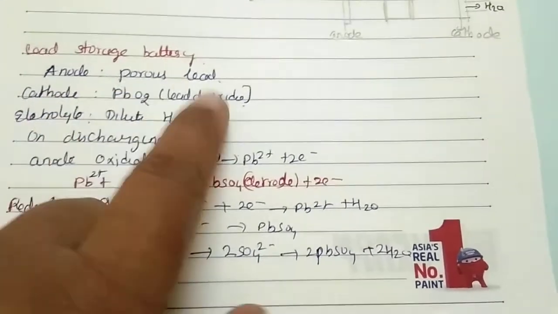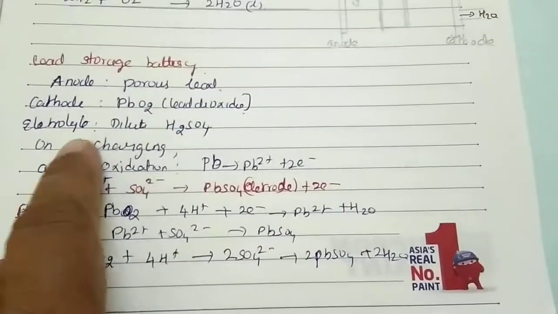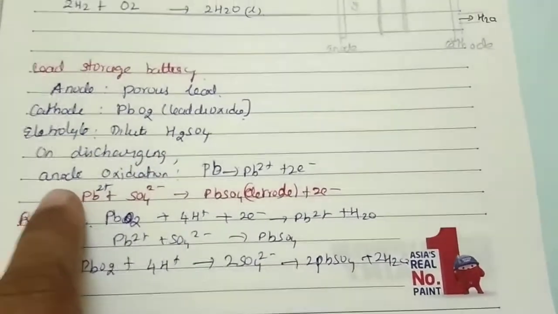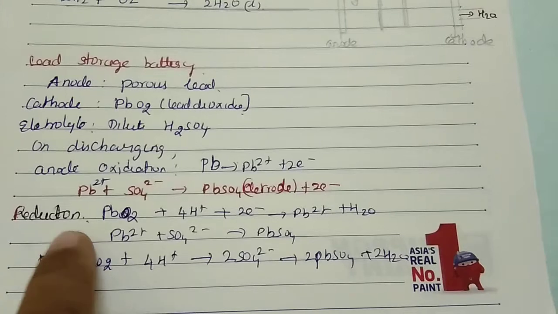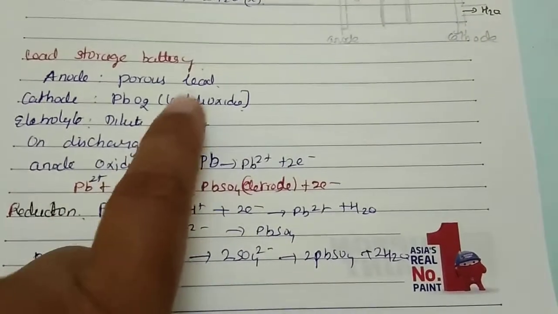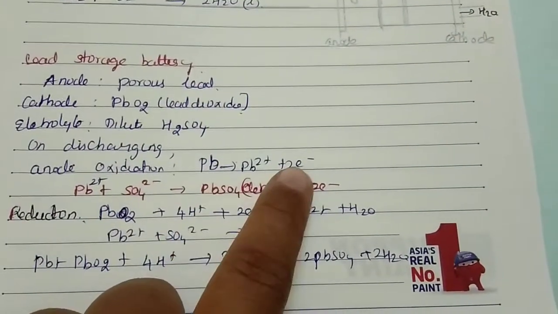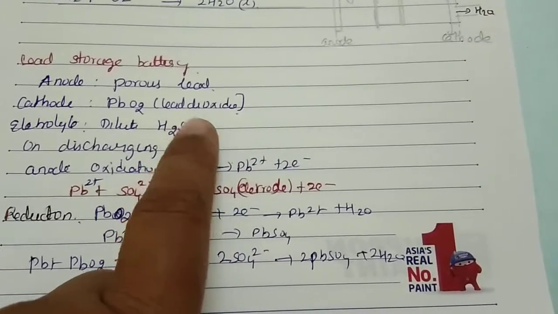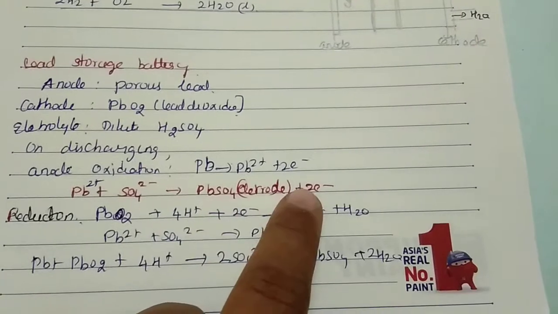Again, the anode is lead, the cathode is PbO2, and the electrolyte is H2SO4. On discharging, oxidation takes place at the anode and reduction takes place at the cathode. At oxidation, the lead releases 2 electrons and forms Pb2+ ion. That Pb2+ ion reacts with SO4 2- ion of the electrolyte and forms PbSO4 plus 2 electrons.